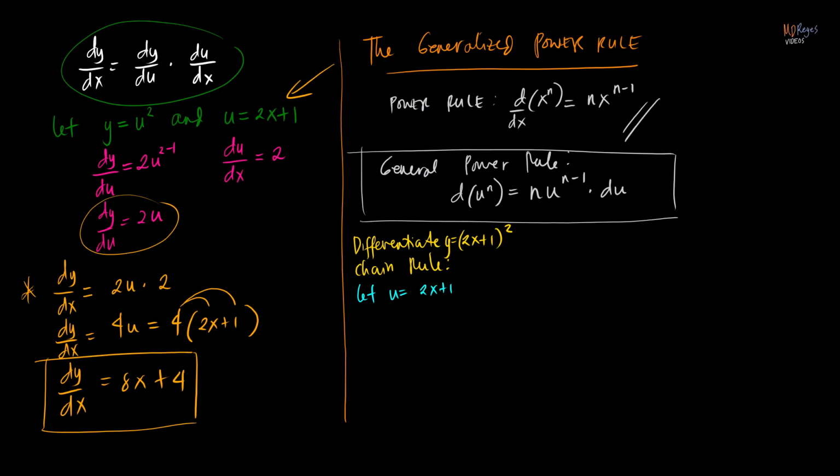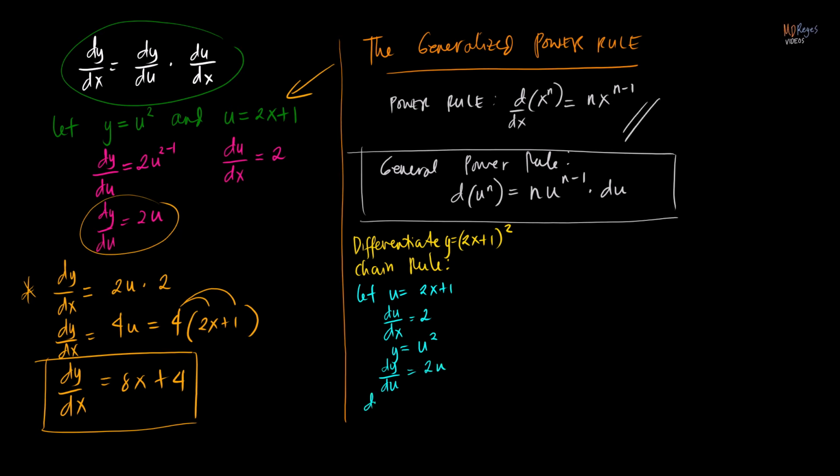In the chain rule, you have the derivative of u with respect to x, and the derivative of y with respect to u. Since u is in terms of x, du over dx, as we obtained a while ago, is 2. Since u is equal to the base, y can be written as u squared. Differentiating y with respect to u using the power rule gives 2u.